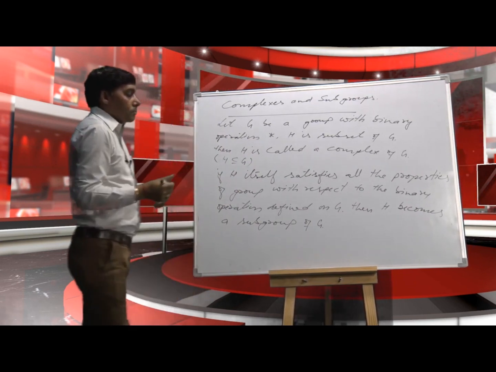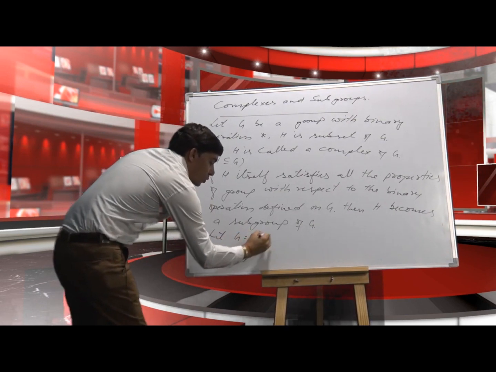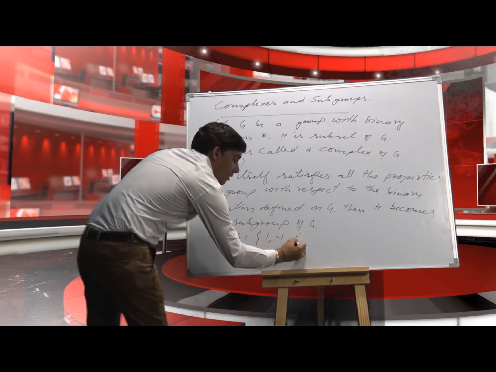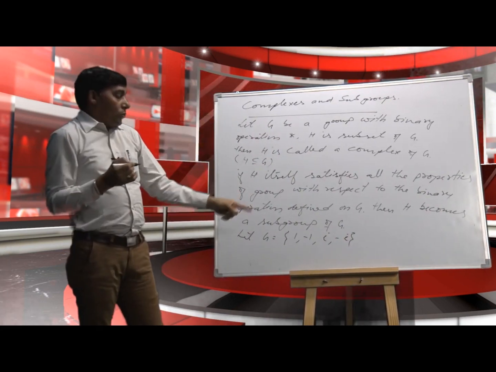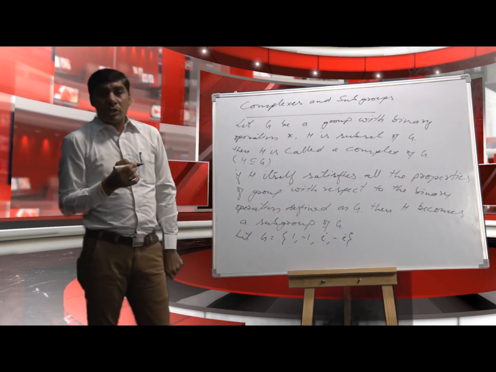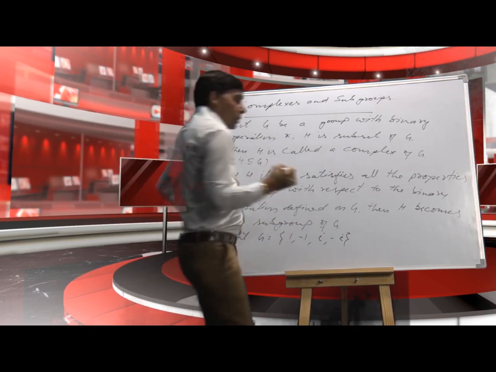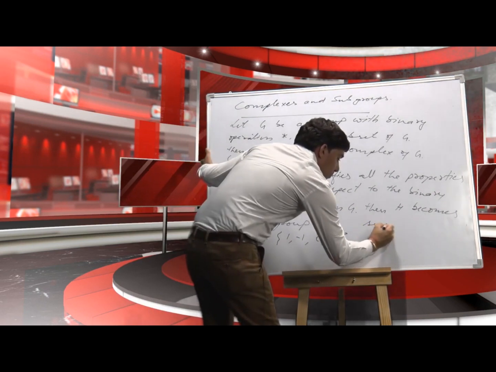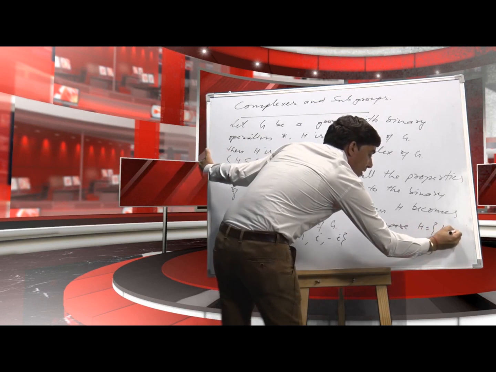For example, let G equal 1, minus 1, iota, minus iota, which is a group with respect to multiplication. Suppose H is equal to 1 and minus 1.